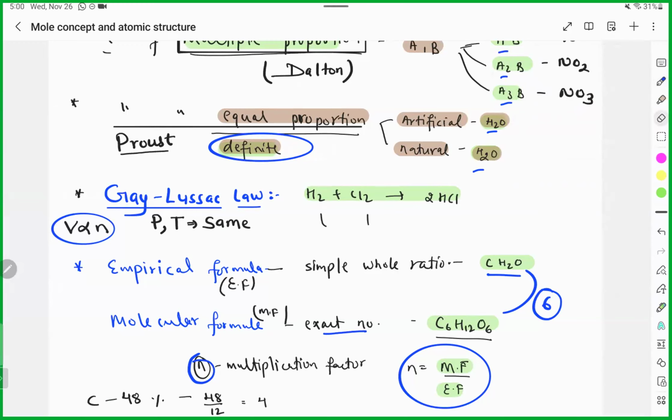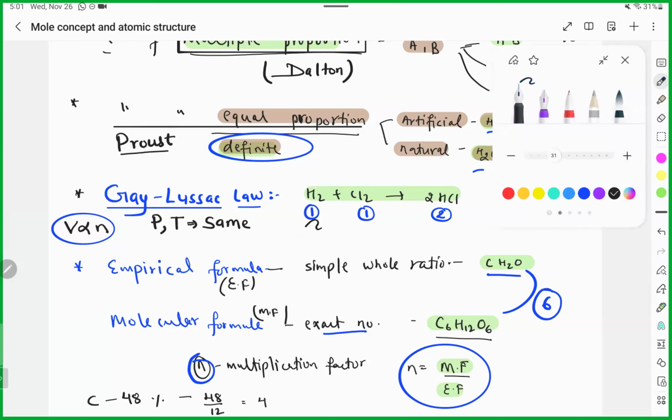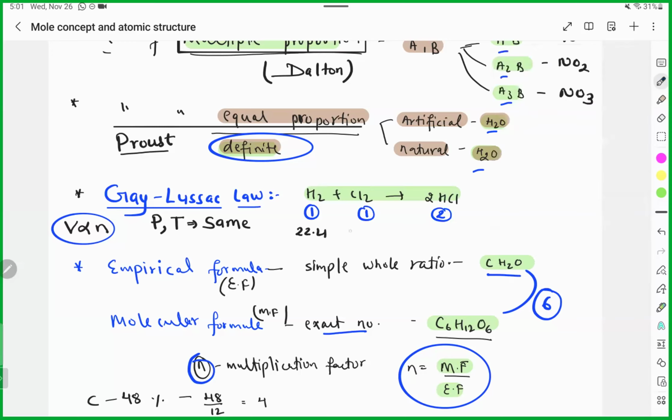Example: here you have 1 mole and 2 moles, right? So volume you can take in the same ratio: 22.4 liter and 44.8 liter. Understood, guys?